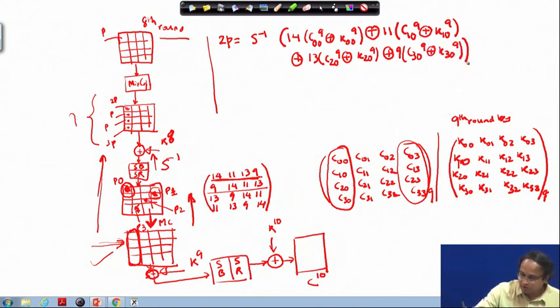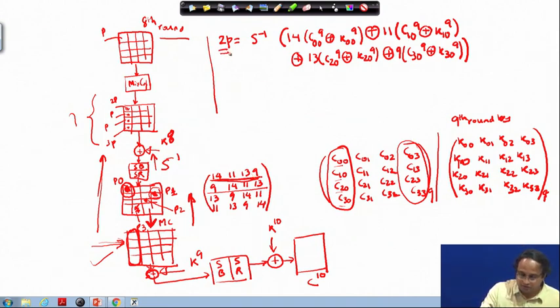Here we have considered C00, C10, C20 and C30. So this column is multiplied with this row of the inverse mix column matrix, and all of this is for the correct operation.